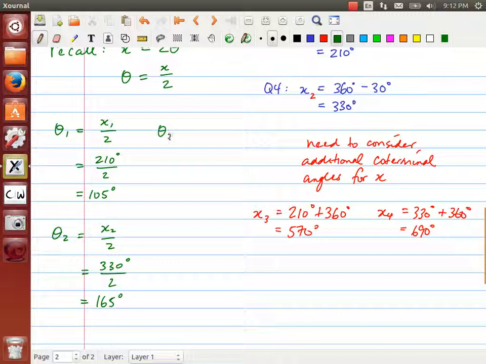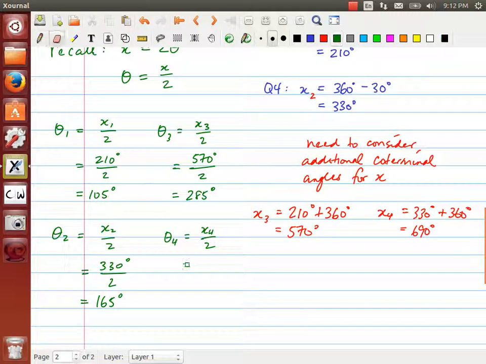Theta 3 is equal to x3 divided by 2, which is equal to 570 degrees divided by 2, and that one's equal to 285 degrees. And finally, theta 4, which is equal to x4 divided by 2, is equal to 690 degrees divided by 2, which is equal to 345 degrees.